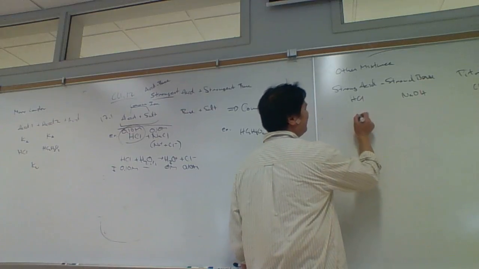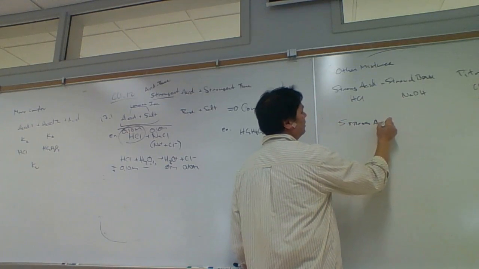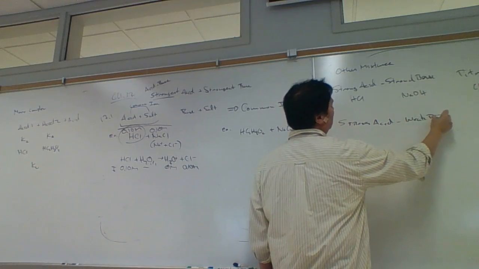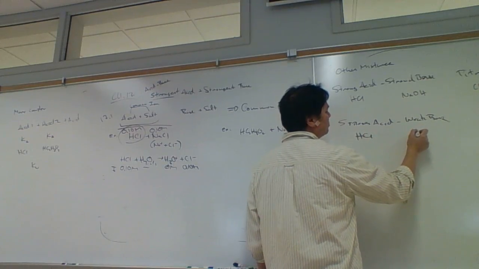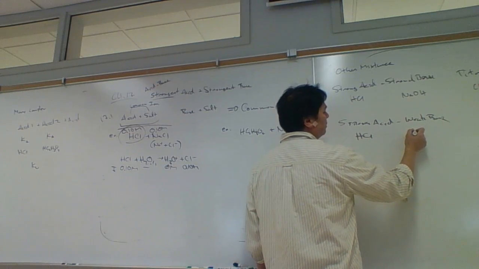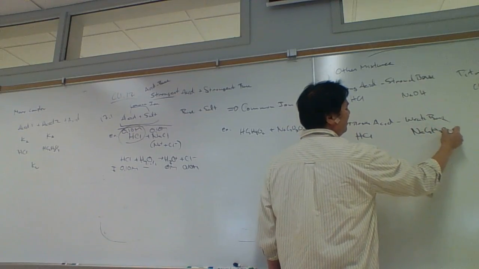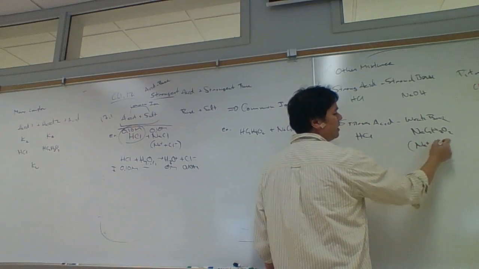Now, what if we have something like a strong acid and a weak base? And so let's say we take HCl and a weak base would be something like sodium acetate. Sodium ions are neutral, and so sodium acetate is a soluble salt, so it's going to consist of sodium ions and acetate ions.